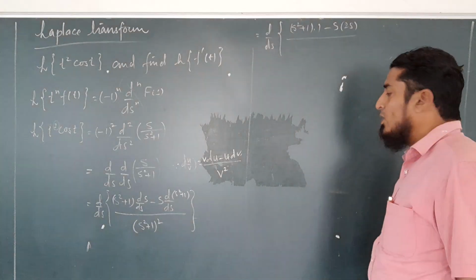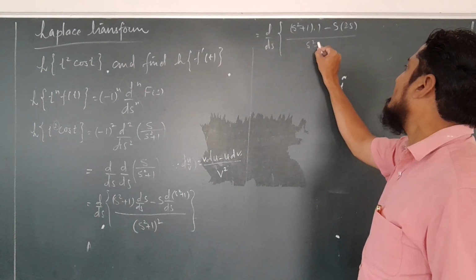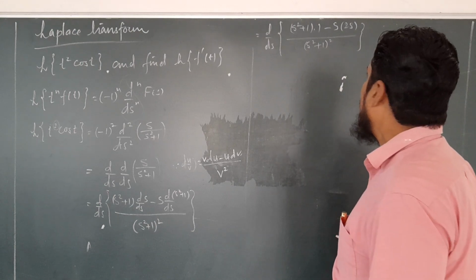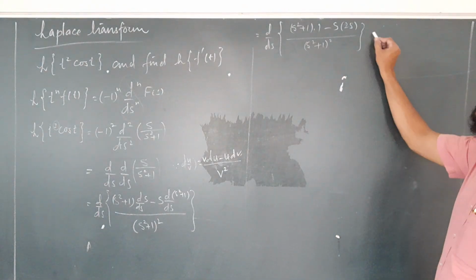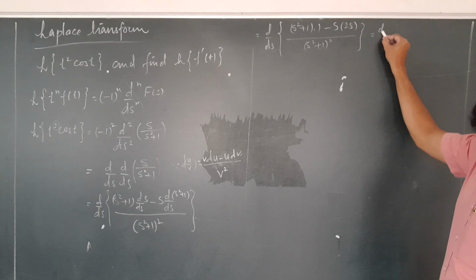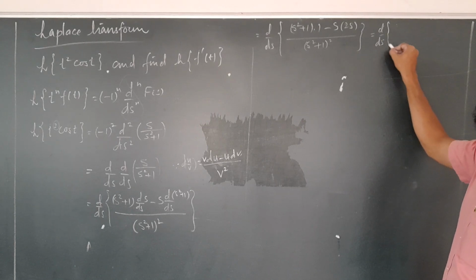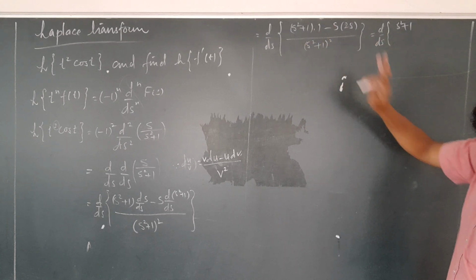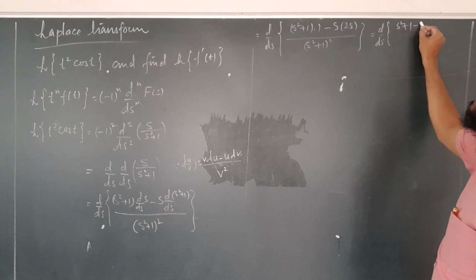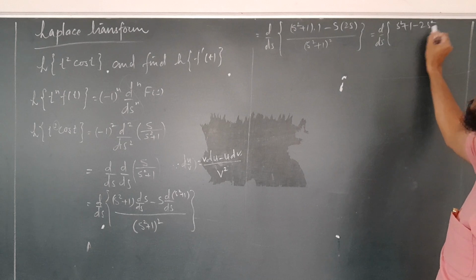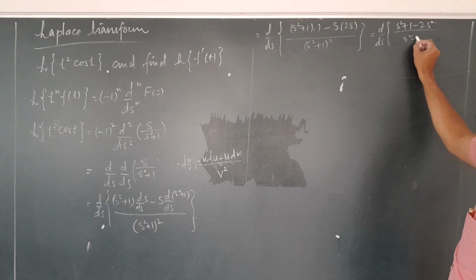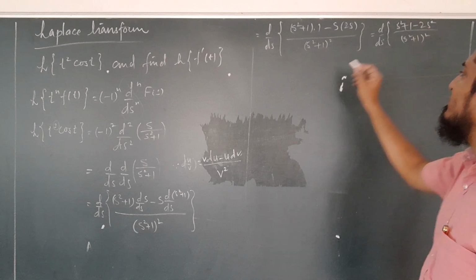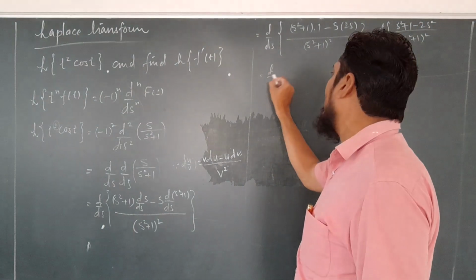The denominator s square plus 1 we leave as it is. Then we can write it as d by ds of s square plus 1 after multiplying by 1, minus 2s square, over s square plus 1 bracket square.